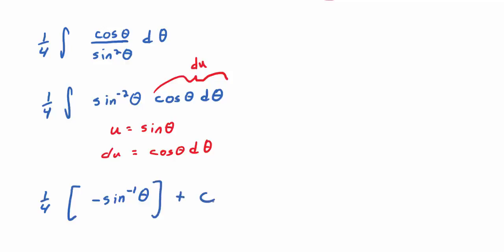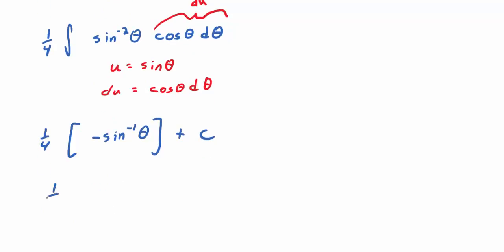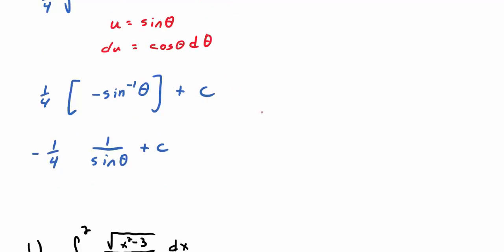And then, of course, we have to convert back. Does that make sense to you? Is that okay? All right. So you could write it like this: negative 1/4 times 1 over sine theta plus c, if you like. Well, we got to go back and make our helper triangle, don't we?